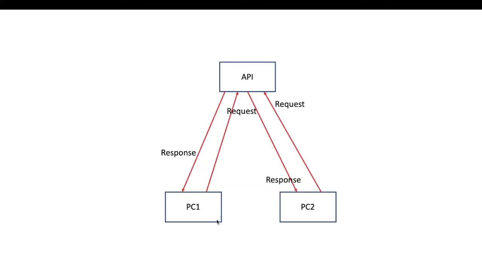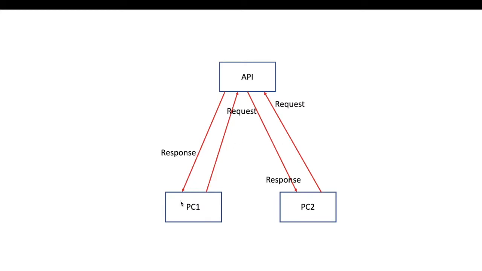Here we have two PCs, and both of them send a request to the same API at the same time. So here we have two kinds of operations. Each PC can send a sequence of requests, sent in sequence, and there is a sequence of responses back to the PC.